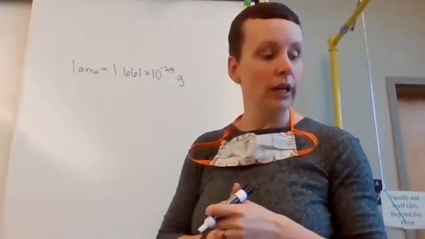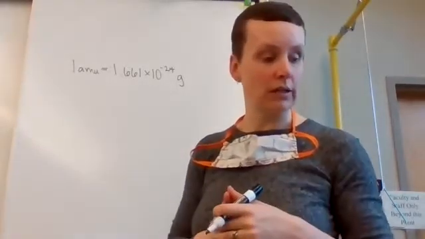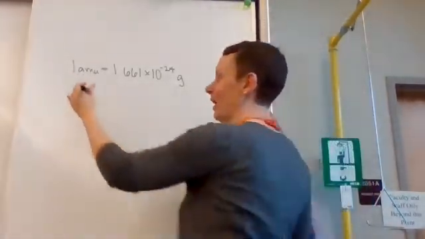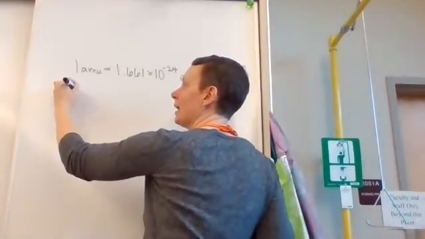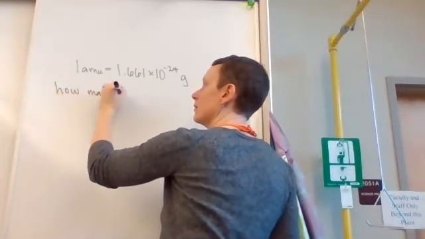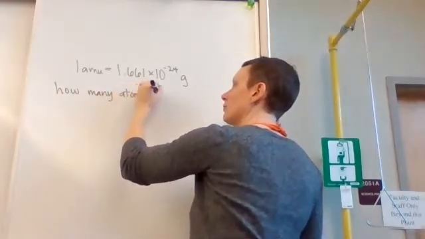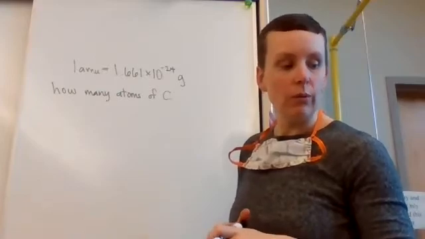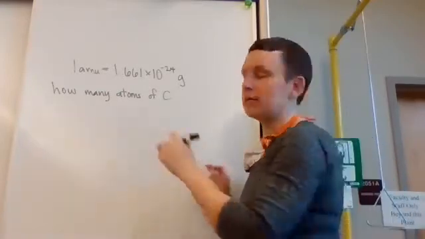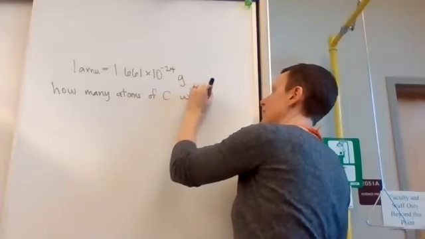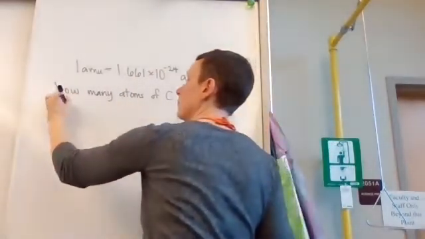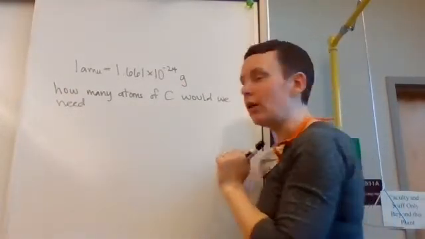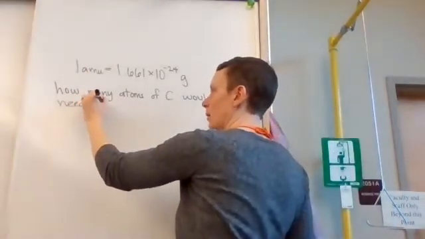Here's an example of what he focused on. For the math proof, this is what we would want to write. He was thinking, how many atoms of carbon would we need to get 12.0 grams of carbon?